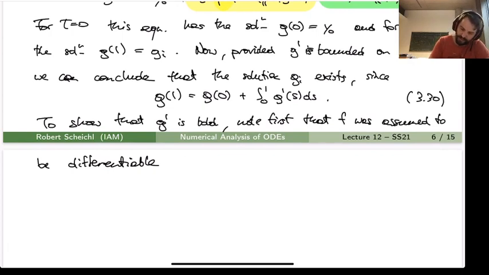So that implies that we can simply take the derivative of f and make it explicit with respect to y times h.